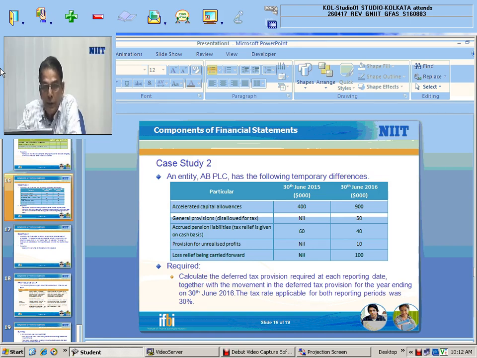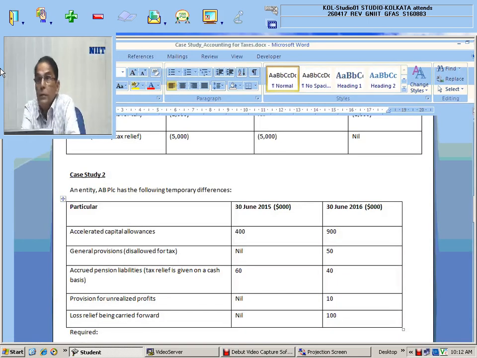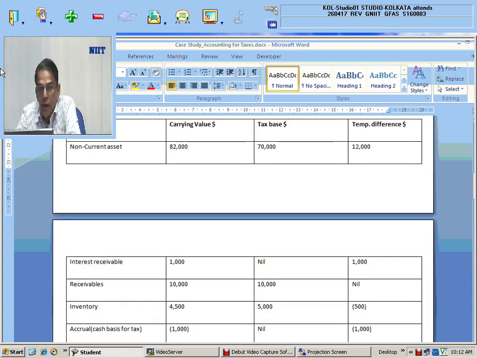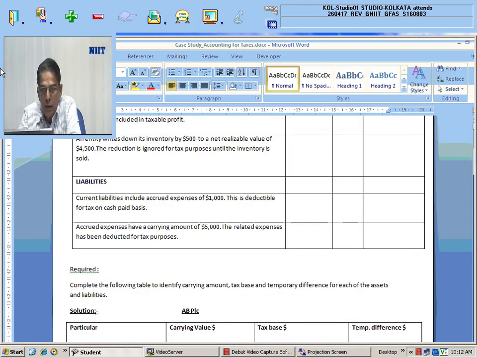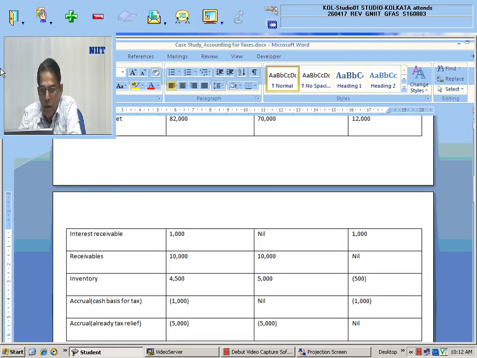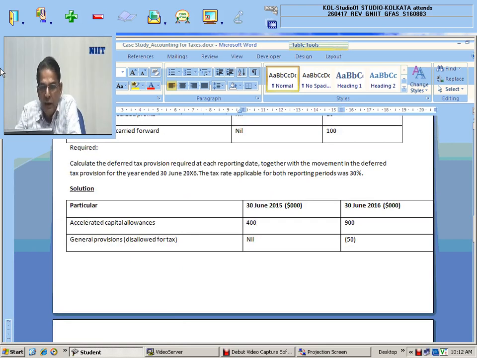So let's look at this case study. So these are the various temporary differences on two different dates. In respect of the accelerated capital allowance on 30th June 2015 it is 400.